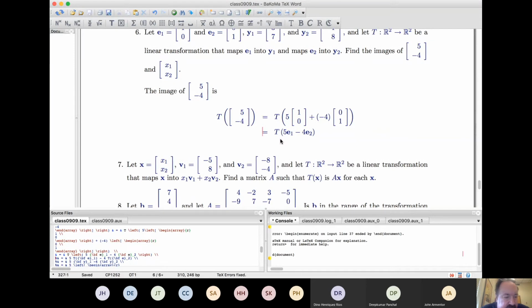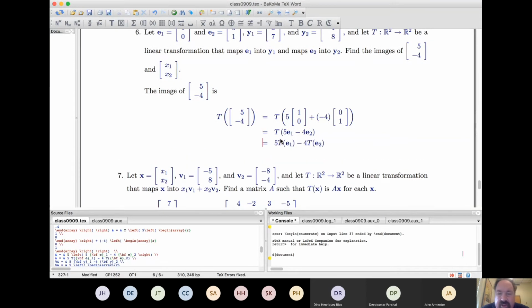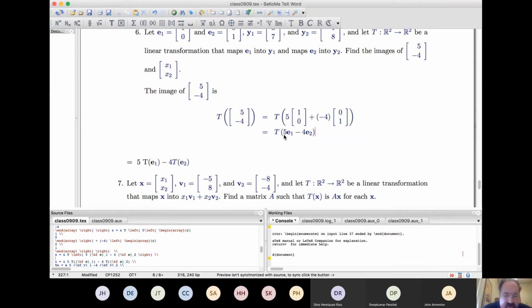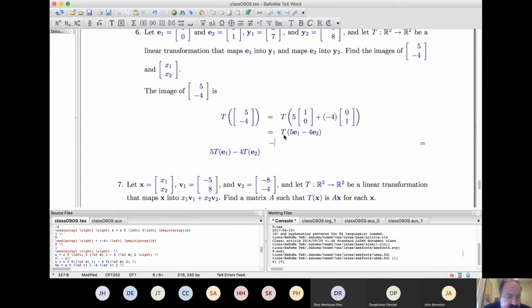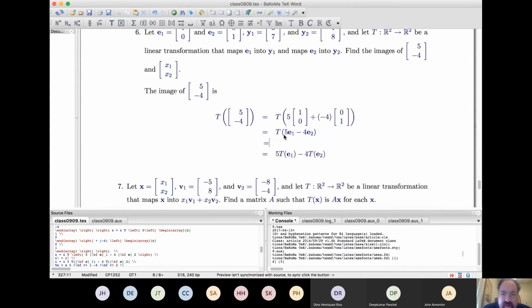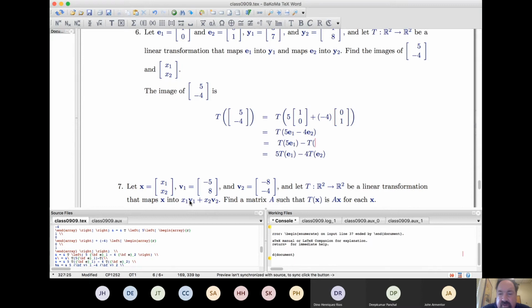Now I use the properties of T as a linear transformation. Actually, I'm going to put an intermediate step in here. So this is the same thing as saying this is T of 5E1 minus T of 4E2.